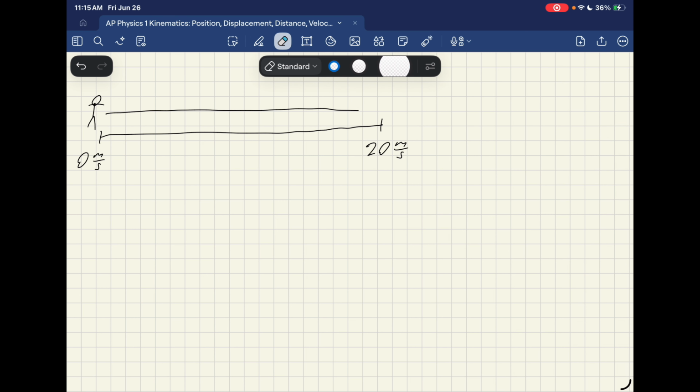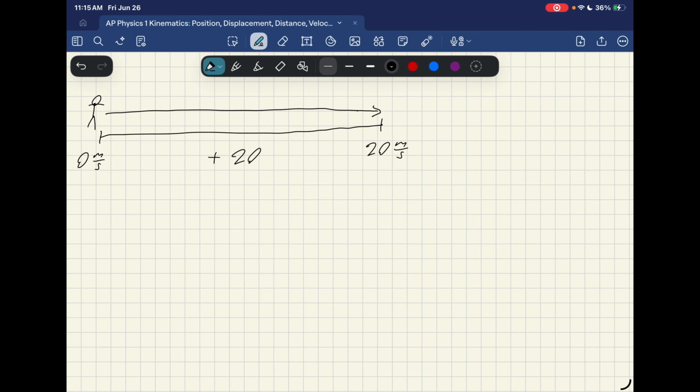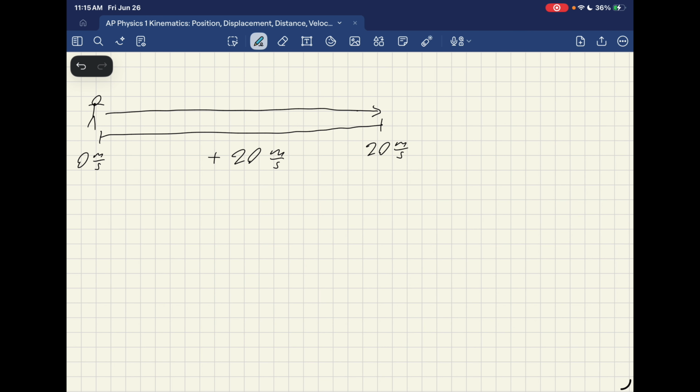That change in velocity from 0 to 20 is a change of positive 20 meters per second. This means that our acceleration is the final velocity minus the initial velocity divided by the time it takes him to run this. For simplicity's sake, let's say 20 is divisible by 4.